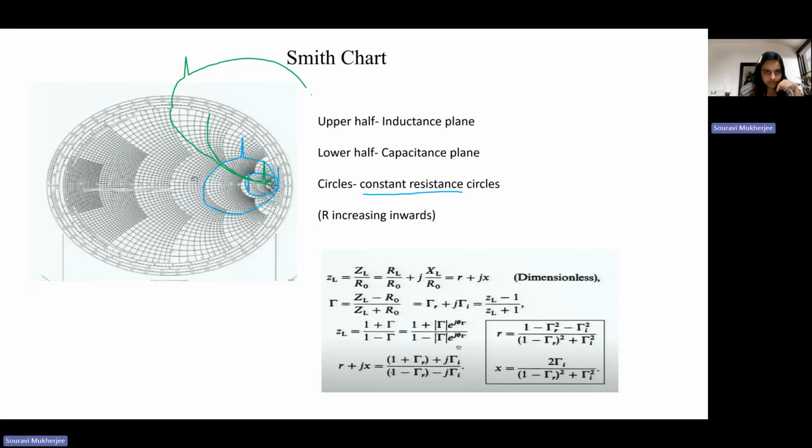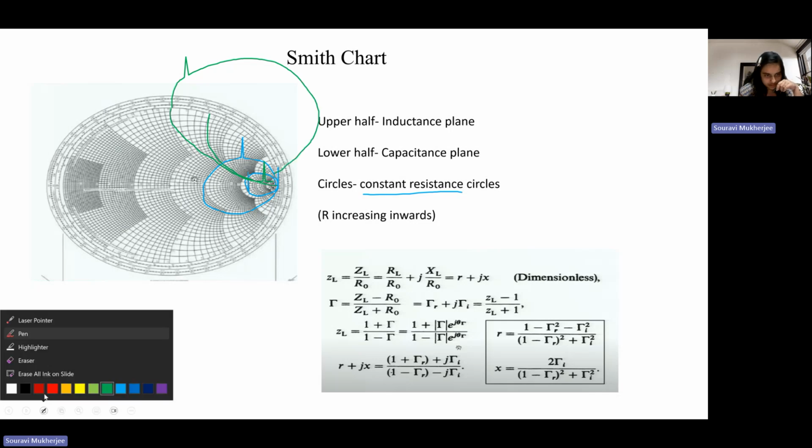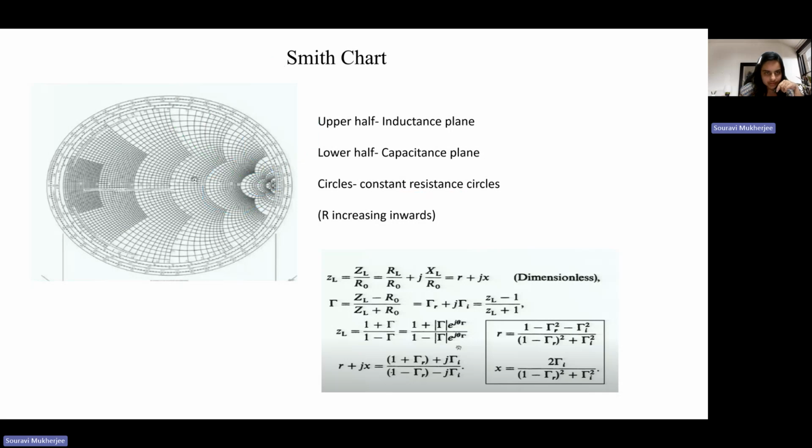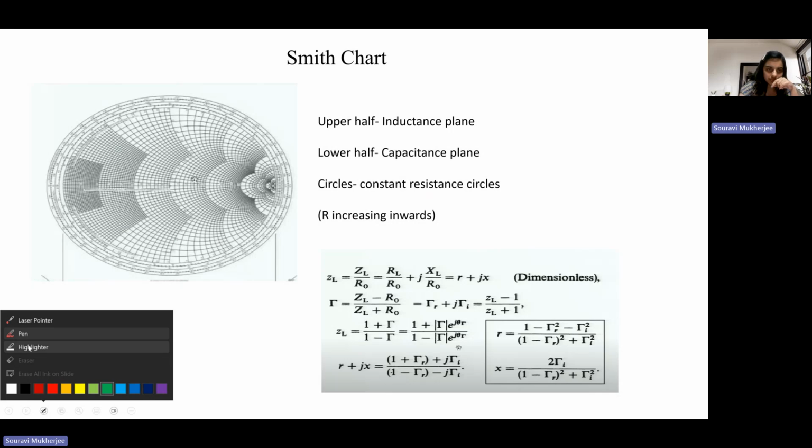You can draw a bigger circle, and those are the X circles. So the circles that are complete here are resistance circles, while these arcs are parts of bigger circles, which are called the X circles. Now we'll see how these equations come up, and why we are calling them by this name. As the radius of your circles decreases, the resistance increases.